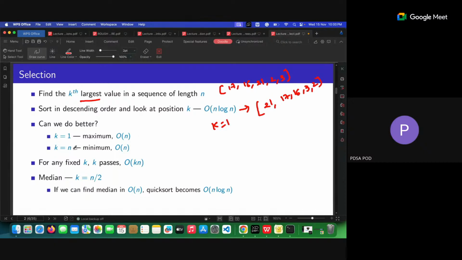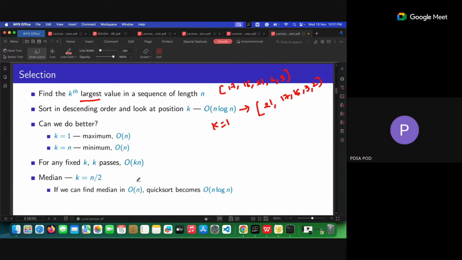Can we do better? If k is 1, the maximum is O of n. If k is n, when you want the nth largest, the minimum is also O of n. For any fixed k, we do it in O of k times n, where n is the size of the list that is already sorted.